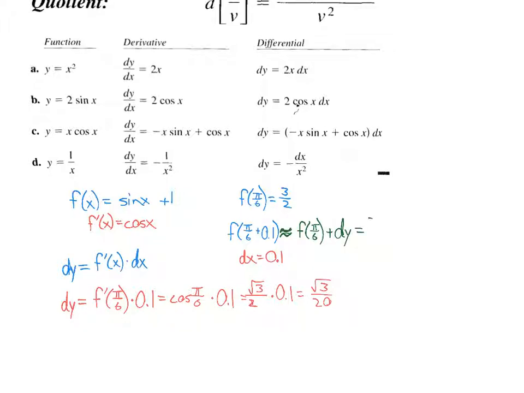So we knew that that was 3/2, and now we just found that dy is root 3 over 20. If we want a common denominator, we could make it 30 plus root 3 over 20. That is an approximation of the sine of pi over 6 plus 0.1, plus 1.